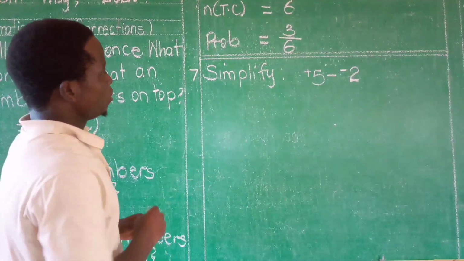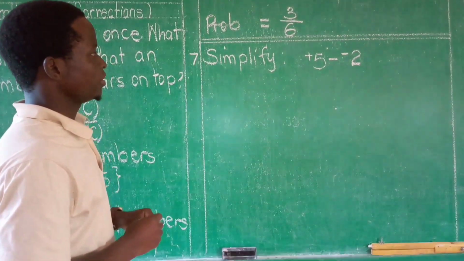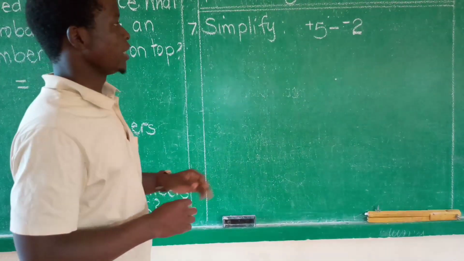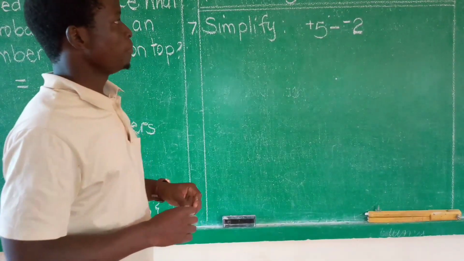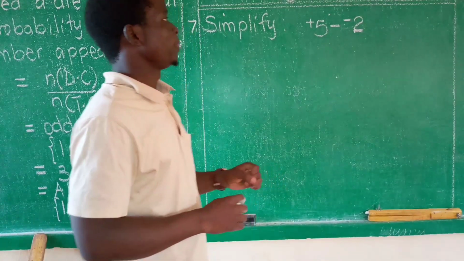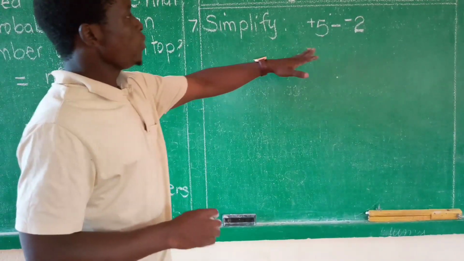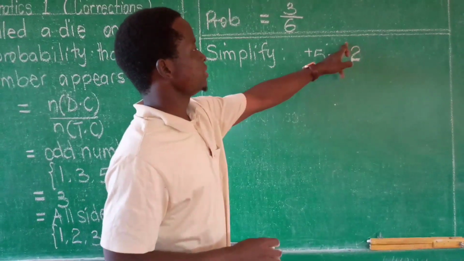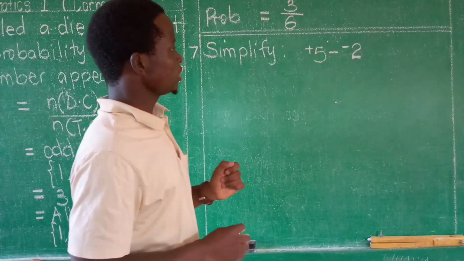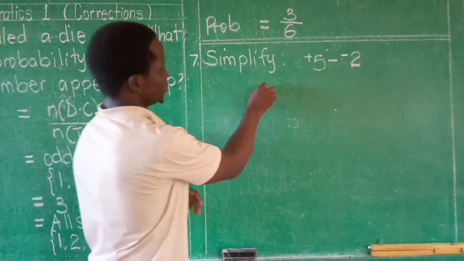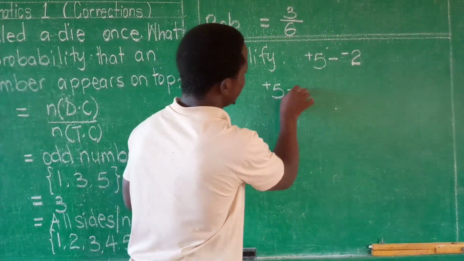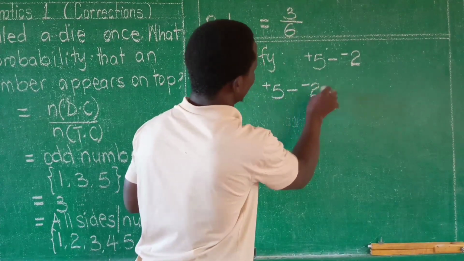Now, let's move to question number 7. Question number 7 reads, simplify positive 5 minus negative 2. Now, when we have an expression with 2 signs in the middle here, what happens? Ours is positive 5 minus negative 2.